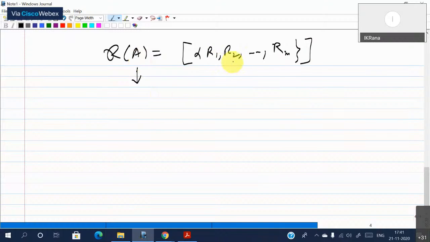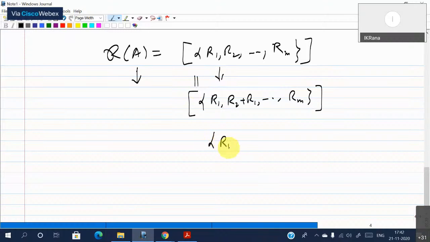Either I will be adding one row to another. Say, for example, I add R1 to R2. So it will be R2 plus R1, up to Rm. There only is a linear combination of these vectors, and the span is all linear combinations. So this is equal to this. It does not change. Similarly, if I multiply, so if I take R1 and alpha times R2, and so on up to Rm, then the span of this is also equal to the same thing.